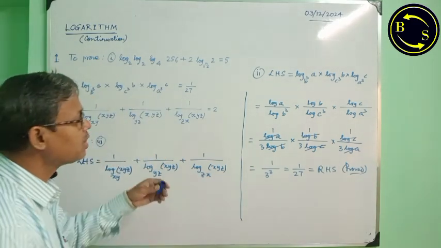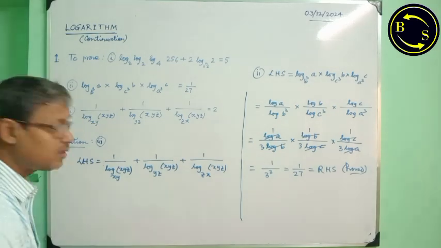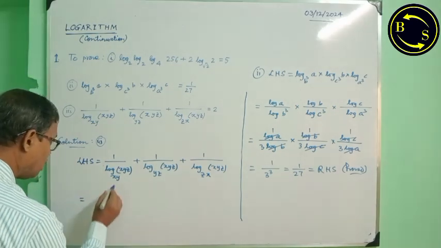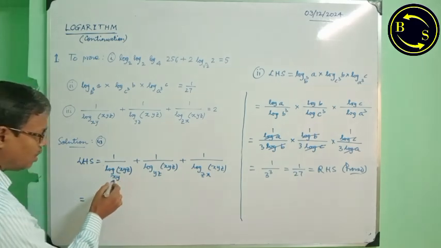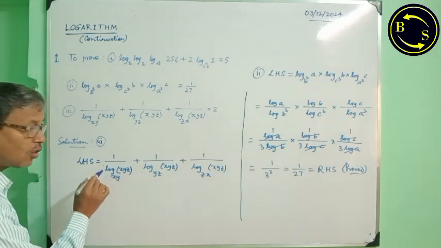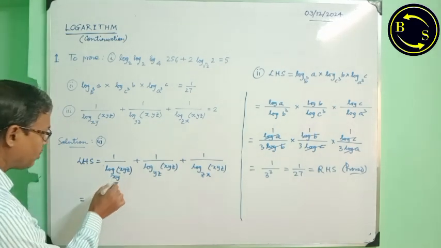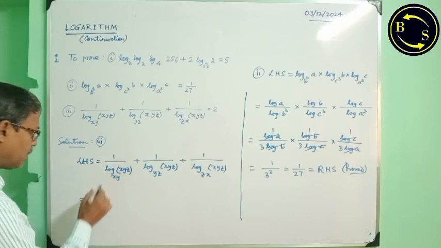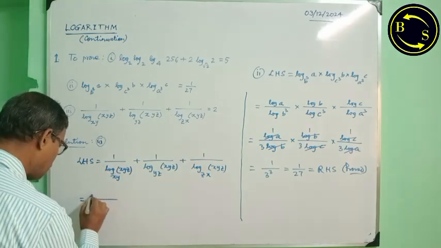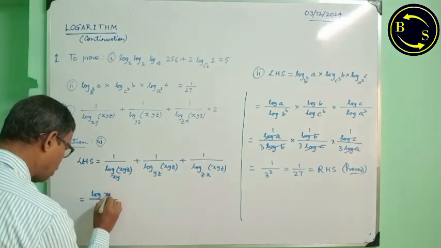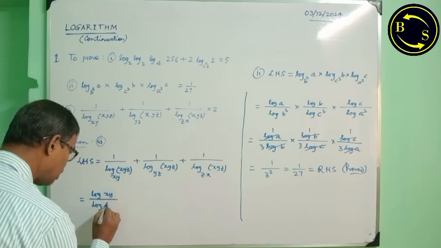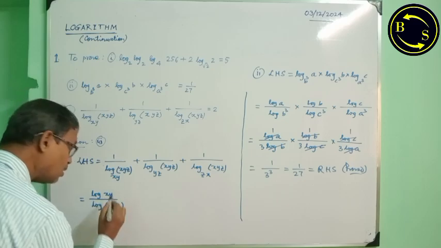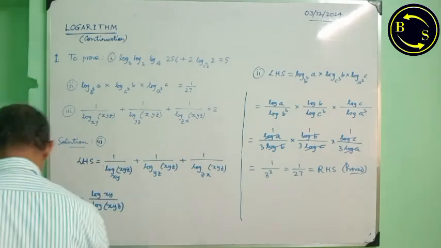Already I have mentioned in the earlier sum, first we change the base like this. It will be log of xyz by log xy. Denominator of the denominator is log of xy. Therefore, log of xy will be taken at the numerator. That means log of xy, log of xyz, I write here.